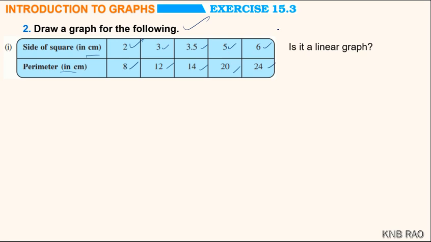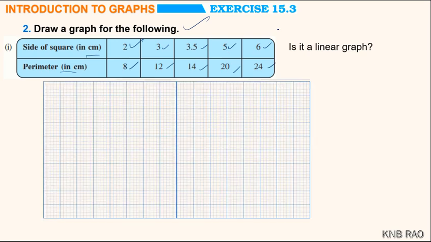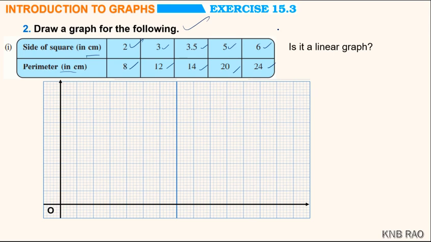Now to plot this, I am taking a graph, drawing an x-axis and a y-axis, and taking their point of intersection as origin O. Now children, on the vertical axis I am taking one unit as 5 centimeters, and on the x-axis I am considering one unit as 0.5 centimeters.